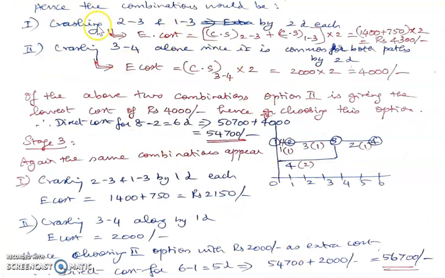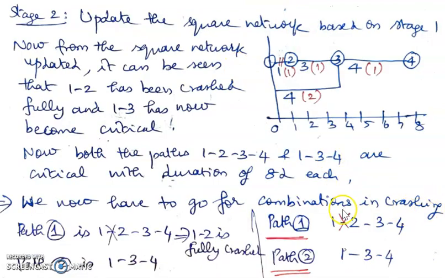Look at that. So crashing 2, 3 and 1, 3 by 2 days. Now, by how many days we have to see? So you see, crashing 2, 3 and 1, 3, each has got 2 days of crashing possibility. Here 3 days of crashing possibility there. So whatever I do, I cannot take here 3 days and then these 2 days. So I have to do it uniformly for each of the options.